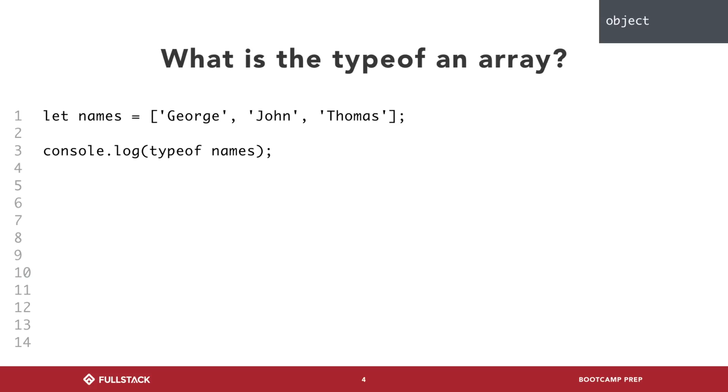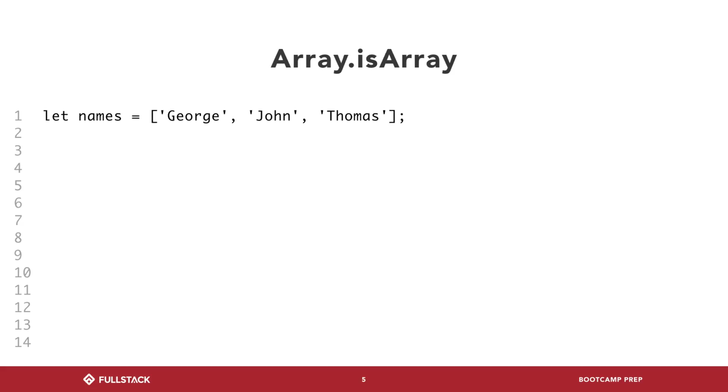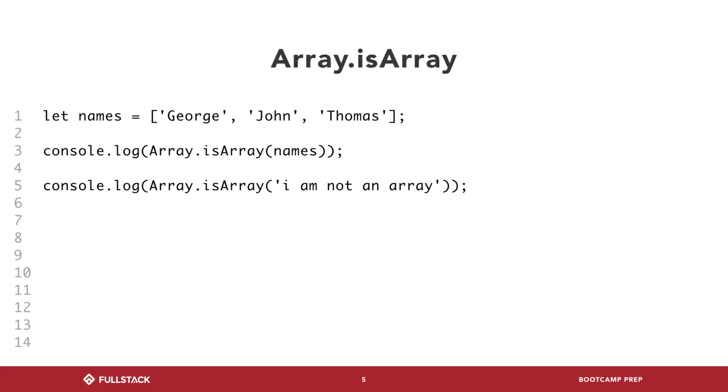So that's why when you do typeof and you feed in an array, you actually get object, which is not incorrect. It is correct. Deep down at its base level, an array is an object. And so the best way to test whether or not something is an array is through this method called Array.isArray. Notice how the first Array is capitalized. If the first letter is capitalized, what is it?